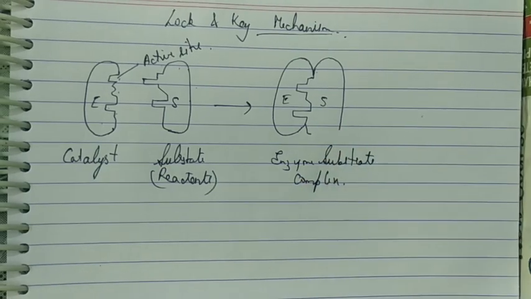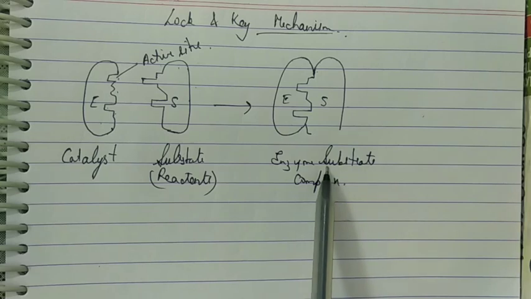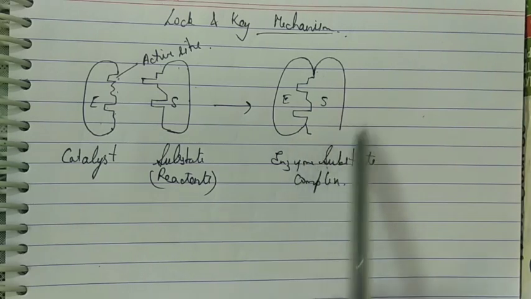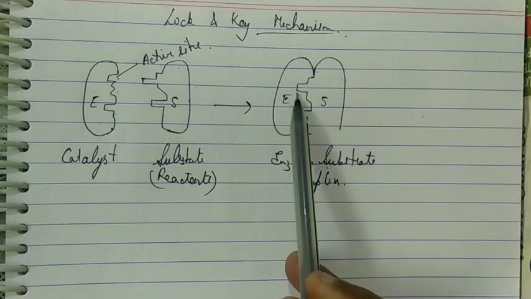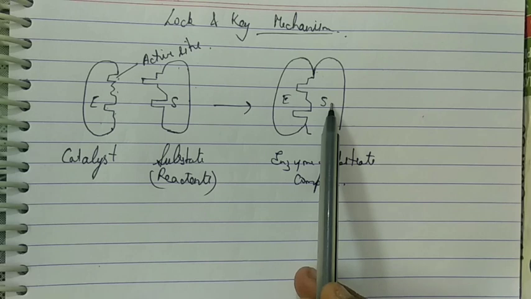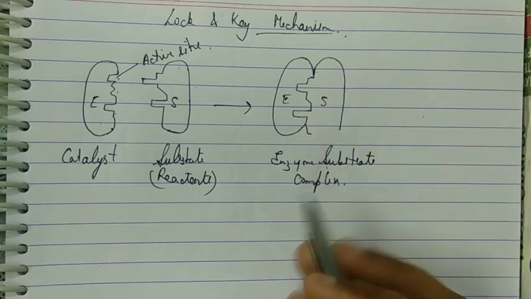Enzyme substrate complex. Once this enzyme substrate complex is formed, that means once this proper orientation has been achieved, the substrate molecule starts reacting with the enzyme to form the product.